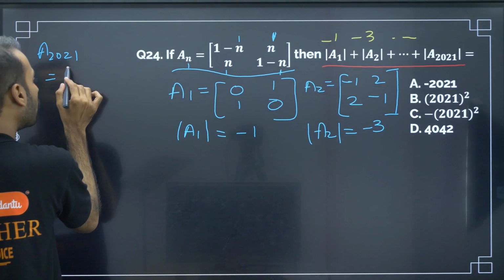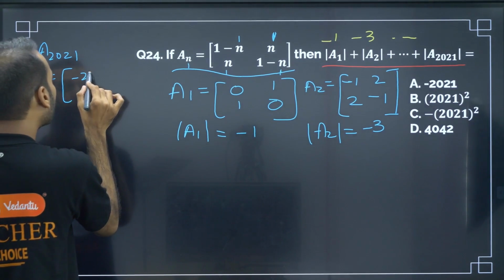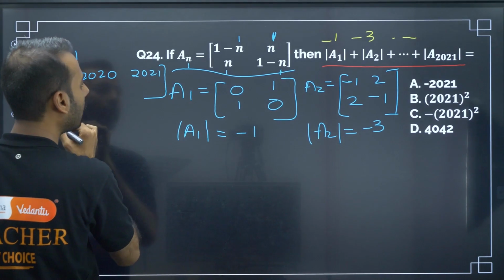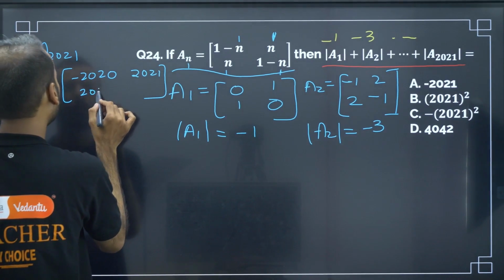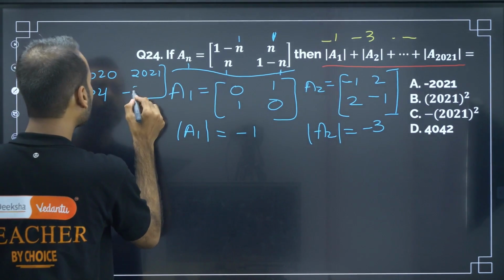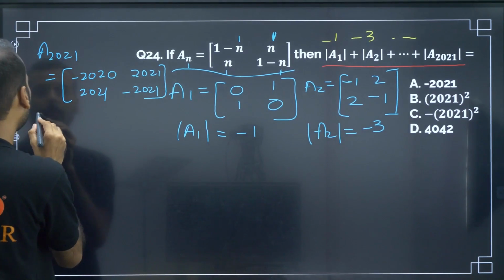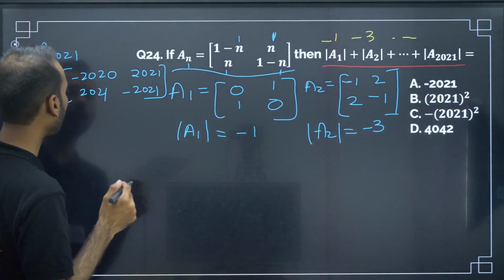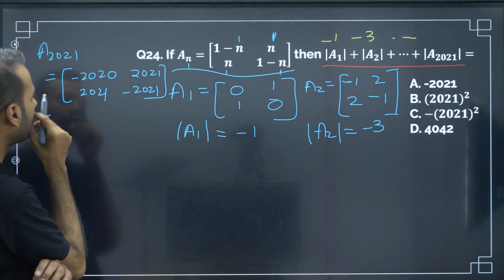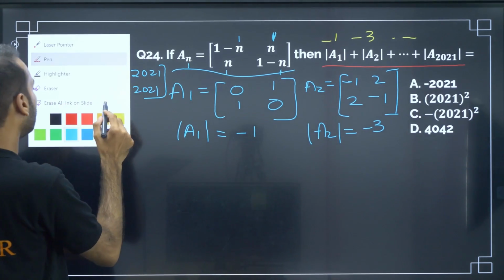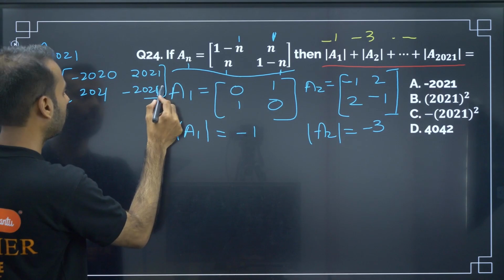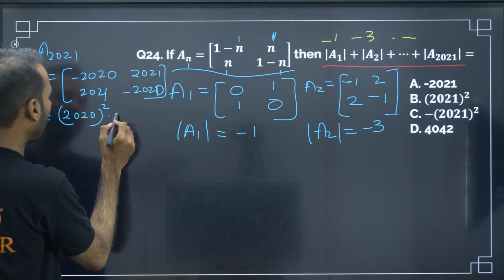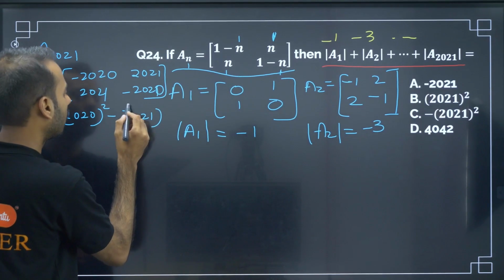A2021 is equal to minus of 2020, 2021, 2021 minus 2020, which will look like 2020 square minus 2021 square.